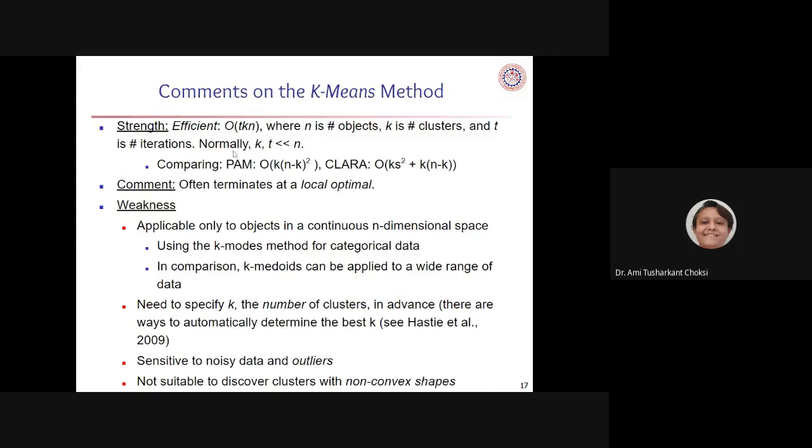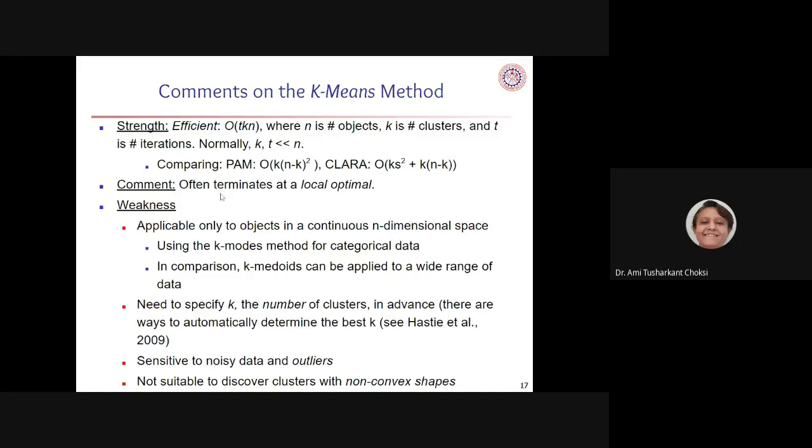Normally, K and T are both less than N, very much less than the number of objects. If we compare that with partitioning around medoids, it is of order k into (n minus k) whole square, and for CLARA it is of order ks square plus k into (n minus k).